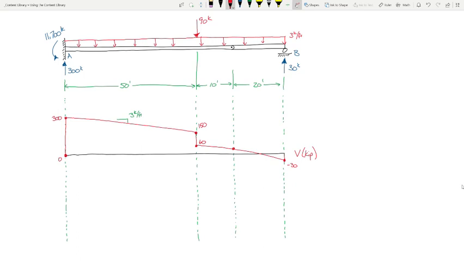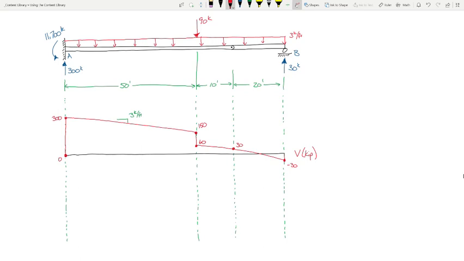What do I get? 30. Interesting. What did we get right here? We got that the shear at the hinge was 30. It's like we did something right. Pretty slick, isn't it? It's like all that static stuff makes sense. Okay. So far so good?